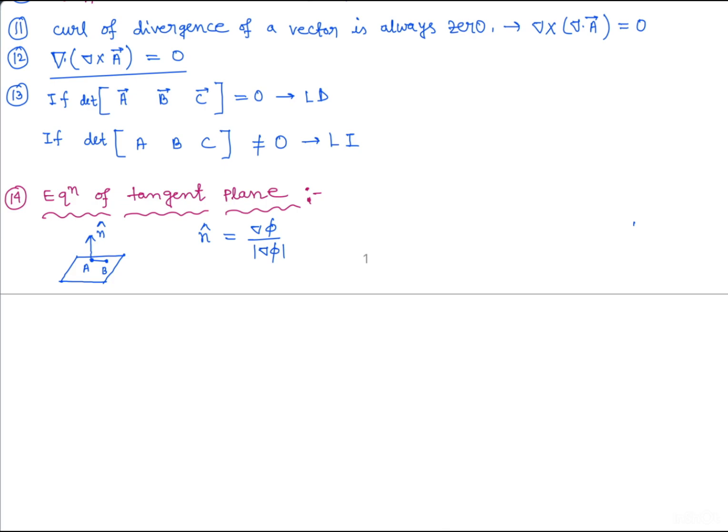The normal vector and vector AB are perpendicular to each other, so n cap dot AB is always equal to 0, and from this equation we get the equation of the tangent plane.